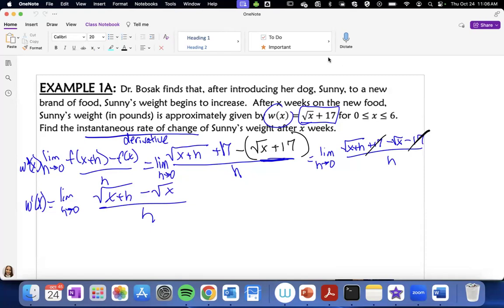Conjugate, which forms the difference of squares. That's called rationalizing the numerator. So we're going to rationalize the numerator by multiplying by the conjugate, which forms the difference of squares. So I multiply by root of x plus h, plus root x, all over itself.